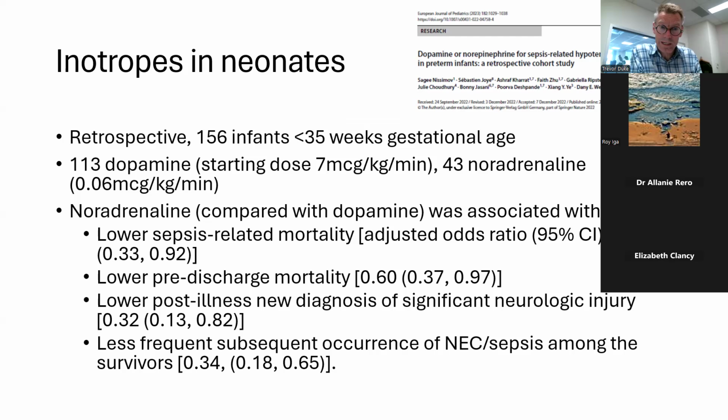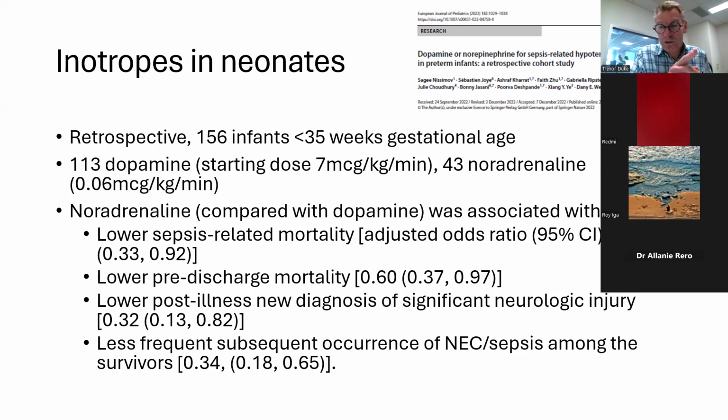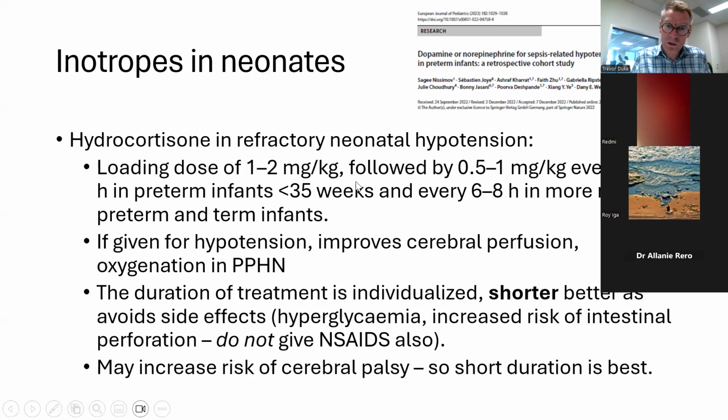Noradrenaline seems to be better, and I won't go through all of this, but in preterm neonates who received noradrenaline, they had a better outcome than those who received dopamine. But also in preterm neonates with hypotension, steroids can be a benefit. So only a couple of days of steroids, hydrocortisone in preterm neonates with hypotension can be quite useful.